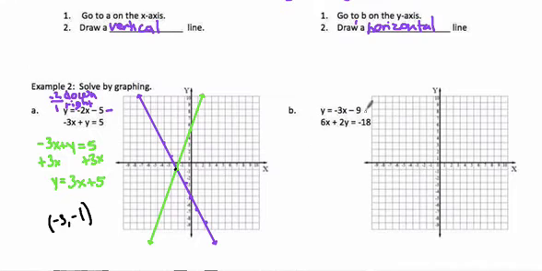All right, so coming over here, let's go ahead and graph this one. So I'm going to go to -9. Now, counting off my slope here, I have a -3 over 1. -3 means I'm going to go down, and +1 means I'm going to go right. So down, right, well, it's going off the graph, number 1. And number 2, we probably won't see the intersection because of that. So let's change this.